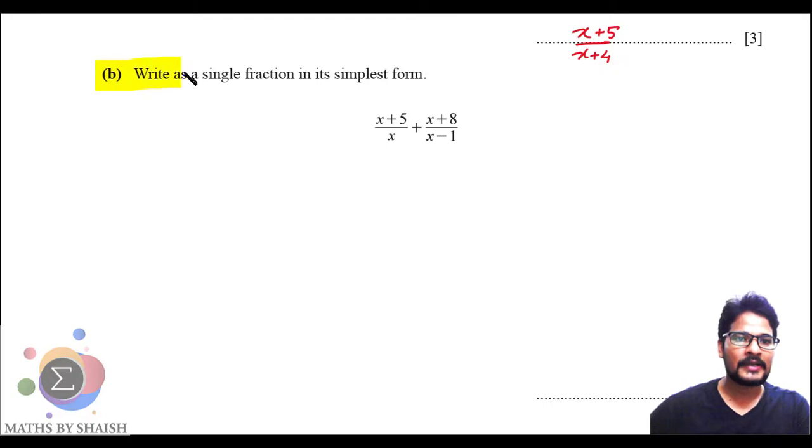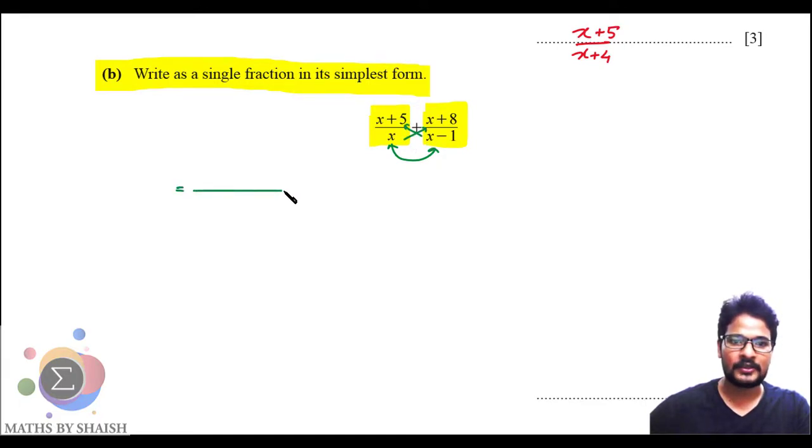Here's the B part: write as a single fraction in its simplest form. So we have an algebraic fraction plus an algebraic fraction, so we are going to use cross multiplication. Here we take these two and multiply them, and then we cross multiply here and here. I call it the smiley method.